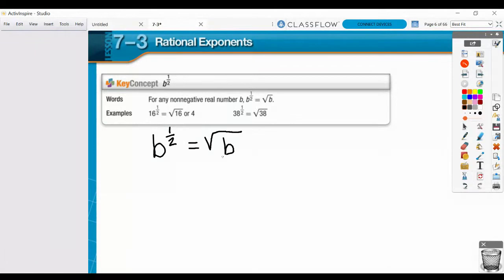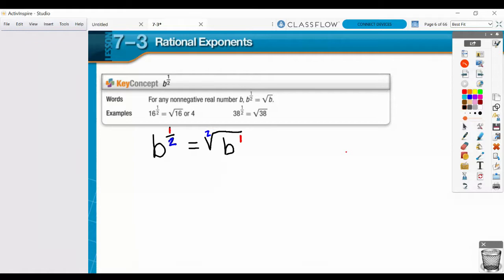Since it is the square root, you don't see a 2 being written there. But this is how, if I was going to color code this, the 1 goes there underneath the radical, and the 2 would go there in the little bitty corner.